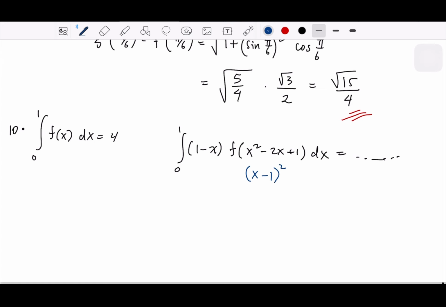It is x minus 1 squared. If we look inside the bracket, this 1 minus x is just the negative form of x minus 1, right? Let me give you a couple of minutes to think about this. The idea is substitute.